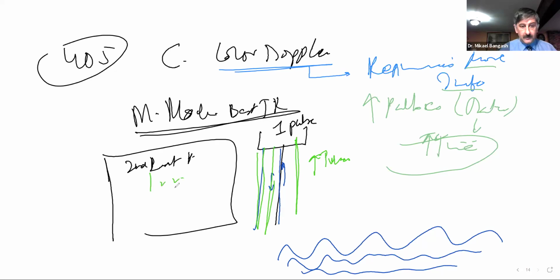Well, I said it will give you greater spatial detail, but a lower frame rate and lower temporal resolution. So in M mode and in pulsed wave Doppler, there's going to be one single pulse traveling back and forth. In M mode it's easy to follow this movement here.